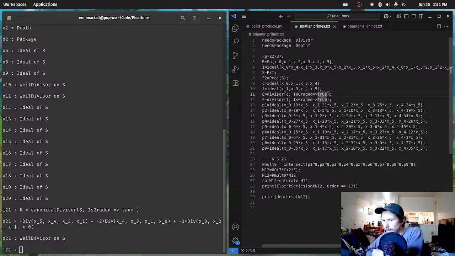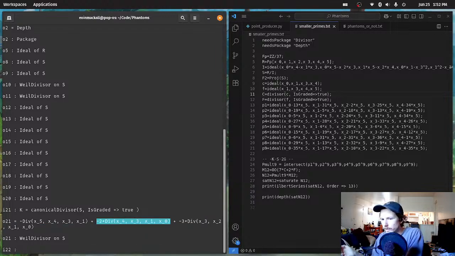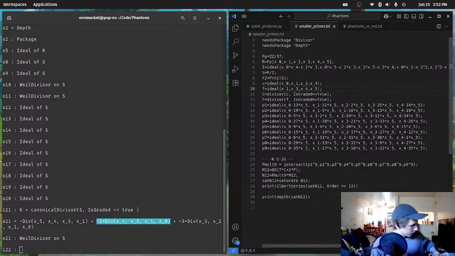And we're getting -2 times C coming in here. And then there's two other components which are kind of weird. So if I have x3, x2, x1, x0, then what is going on with that?